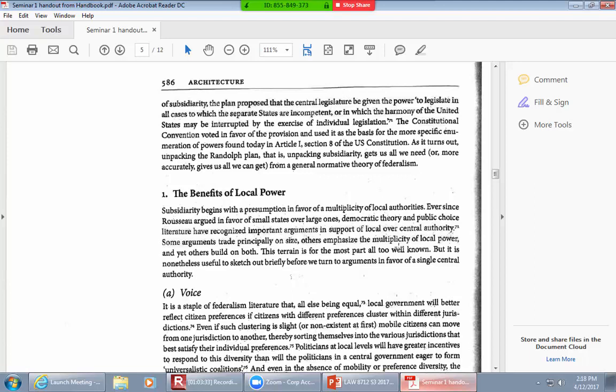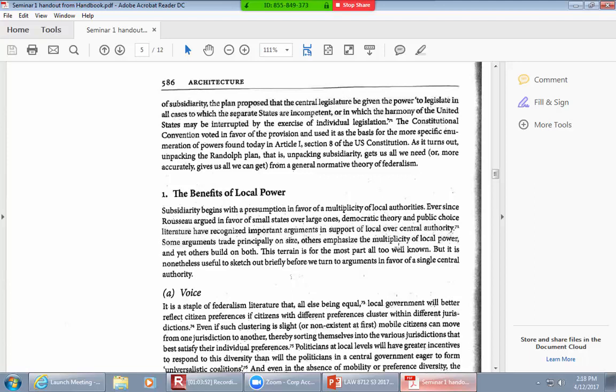So Chris, I have to pick on you. What is the nature of this claim? He says that the Randolph Plan was about, just to make sure that he's Randolph, yeah.